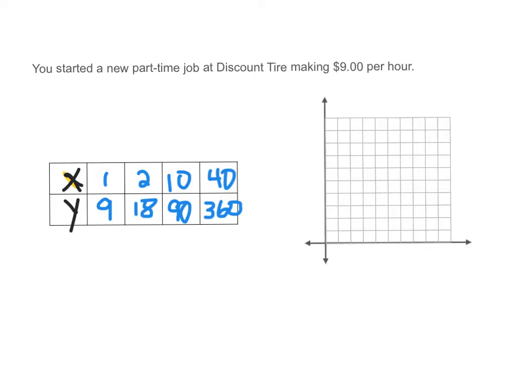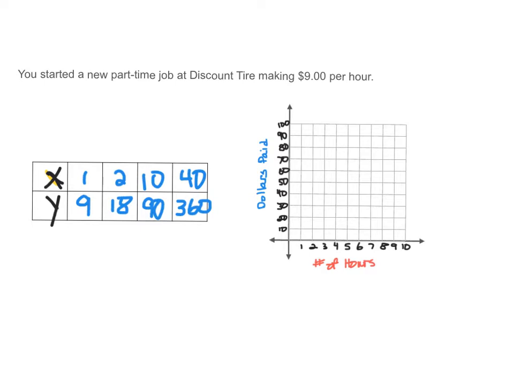All right. So let's go ahead and consider this real quick in a table. If we were going to graph this real world situation, we could use the information from this table. Again, if we worked 1 hour, we would make $9. So then we could place our dot just below the 10, so right at 9.